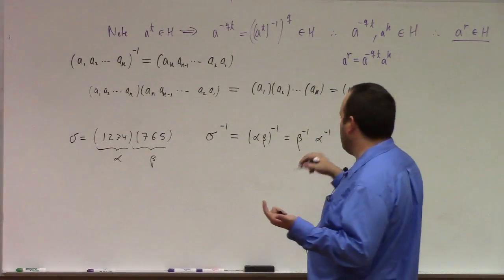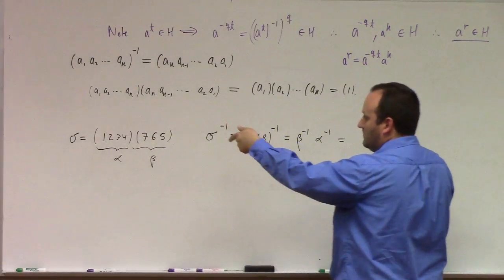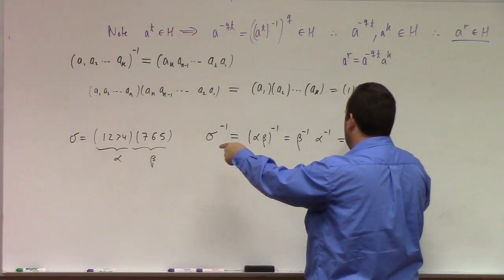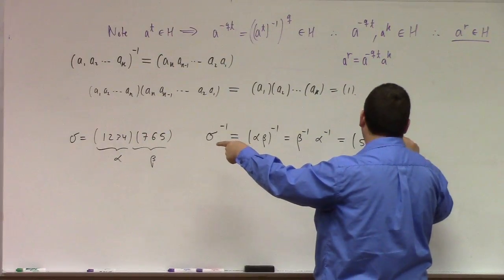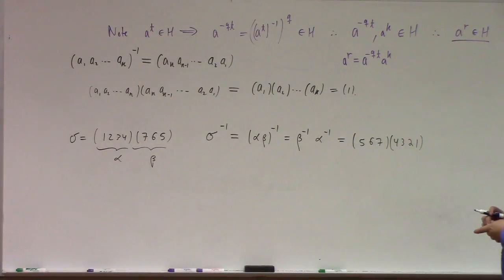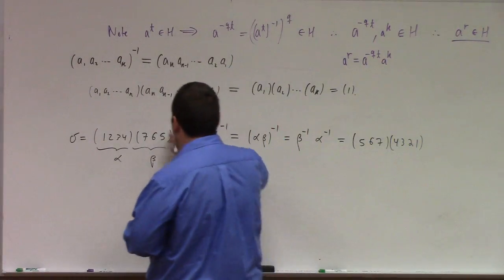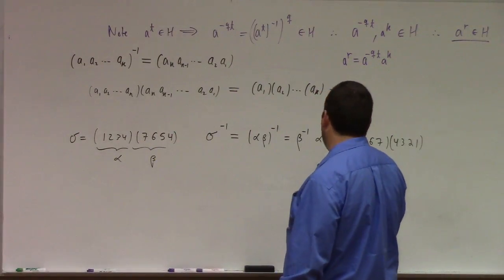And then having done socks and shoes, we go back to our straight cycle reverse trick. So beta inverse is 5, 6, 7, and alpha inverse is 4, 3, 2, 1. And it doesn't even matter if alpha and beta are disjoint or not. If there was a 4 here, for example, it wouldn't change much. It just puts a 4 here.